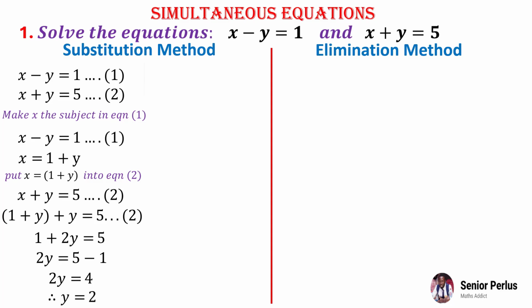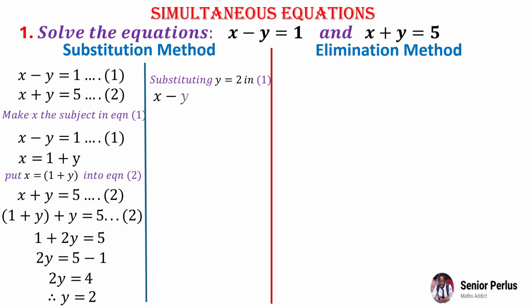Now, we are solving for x and y, so we have to look for x. You substitute this y equals 2 into equation 1, or you can put it into the one that I made the subject.